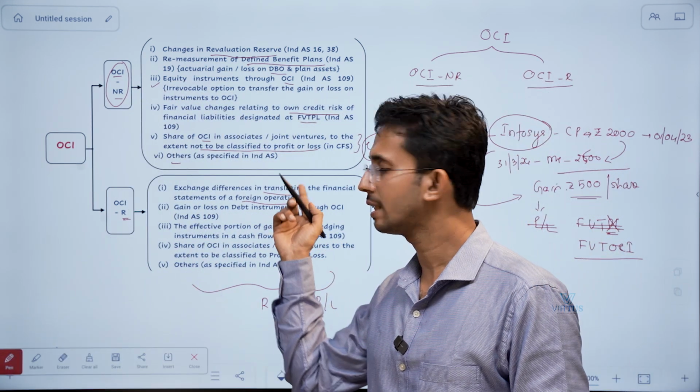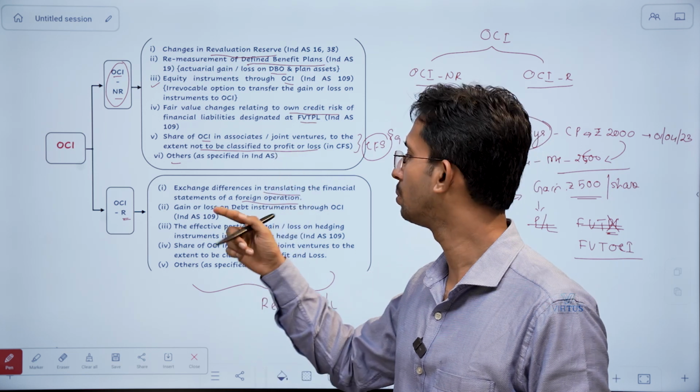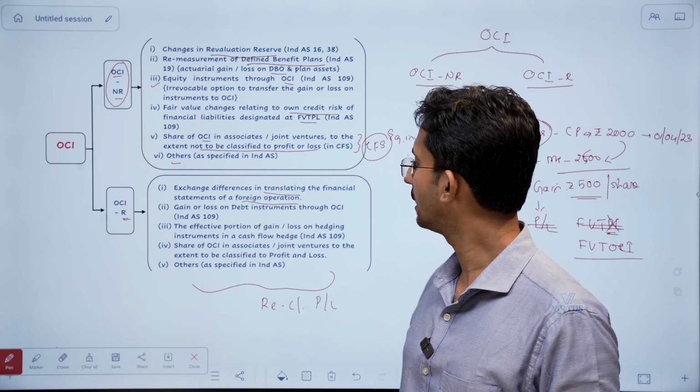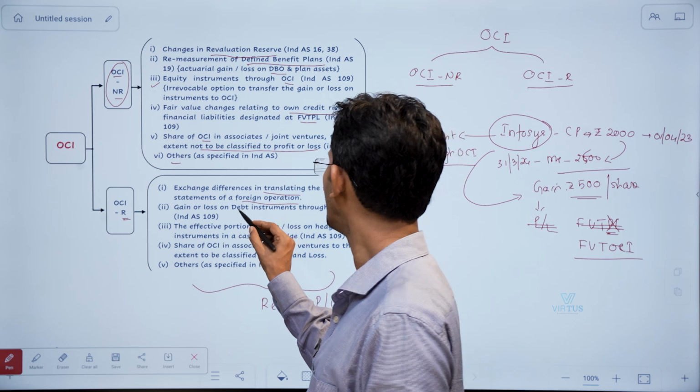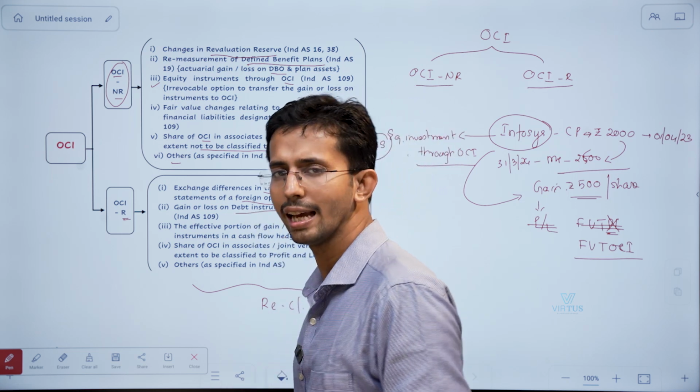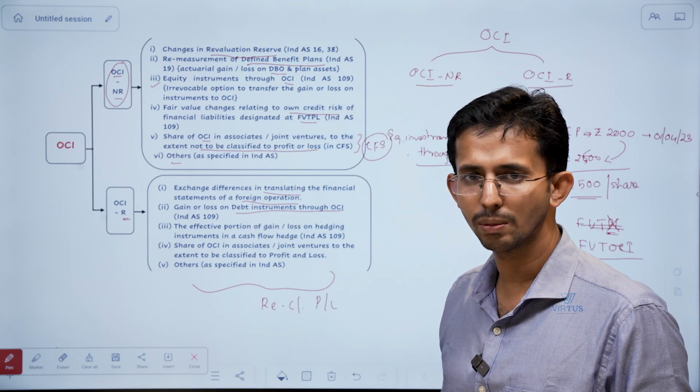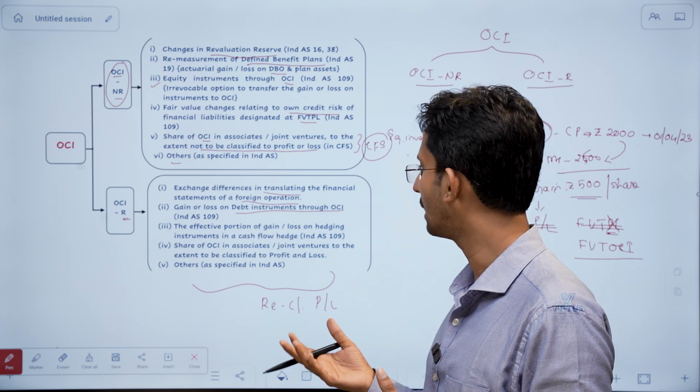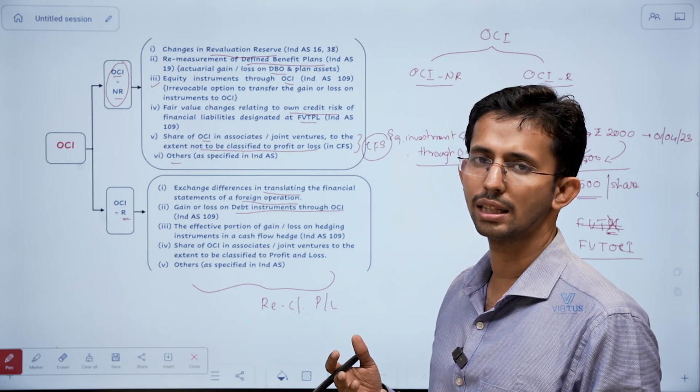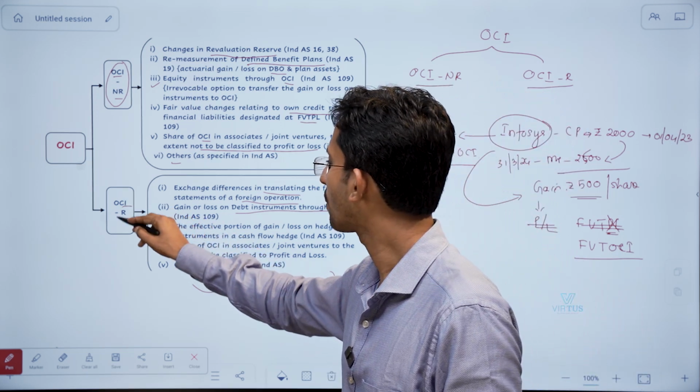When you bring them back, they have to be routed through the profit or loss account. The second item is gain or loss on debt instruments through OCI. Under Ind AS 109, there are certain debt instruments which you designate as through OCI. Any gain or loss on such debt instruments has to be routed through profit or loss.